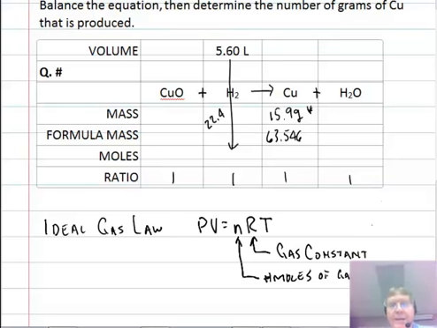And the value for R actually depends upon the units that are used for pressure, volume, and temperature, because they're all related. R is a constant that basically is going to cancel out. It has to have units that are equivalent to the other units that you have here. And so you have to choose the correct value for R based on the units involved in the problem.